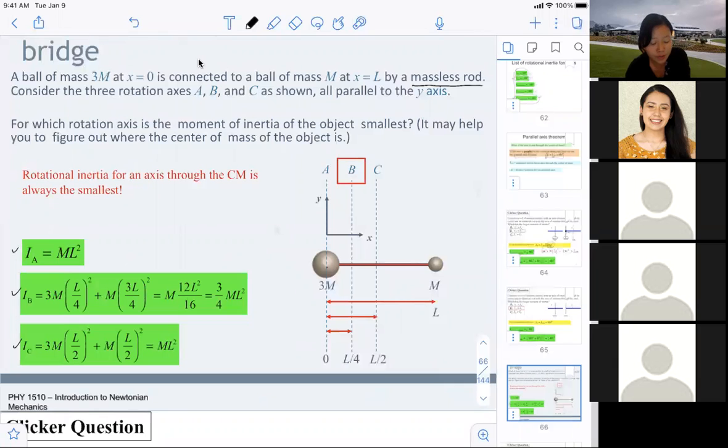You simply add them up. Relative to axis A, you can see 3m sitting on axis A. You don't have to worry about its center of mass. So it's really just the other mass. It's going to be m times the distance from here to the axis, which is L, so mL squared. So that is I_A.